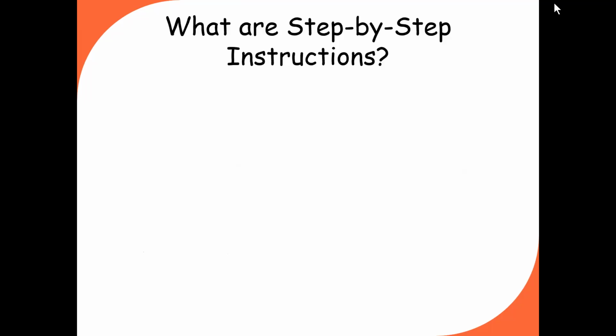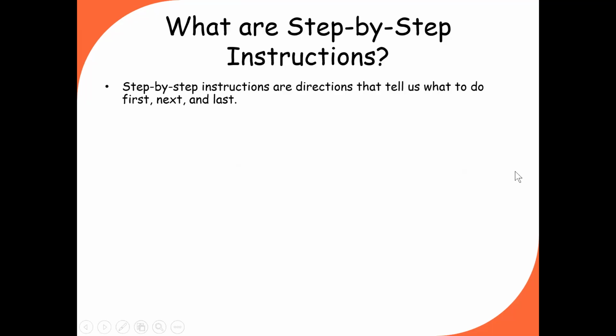So let's go back to our topic. What are step-by-step instructions? Step-by-step instructions are directions that tell us what to do first, next, and last. This is the order, and the order must be followed to have a good instruction or a good command.